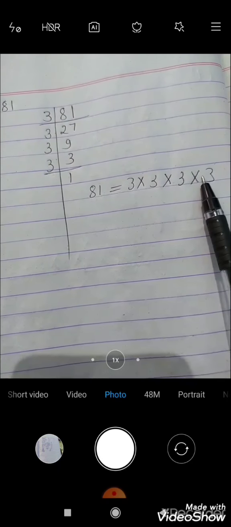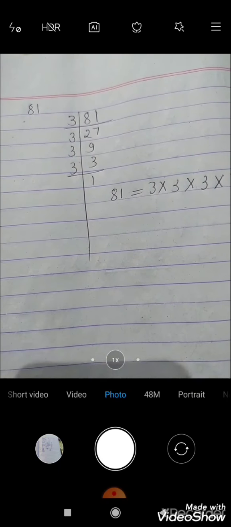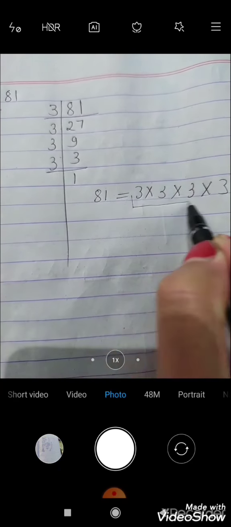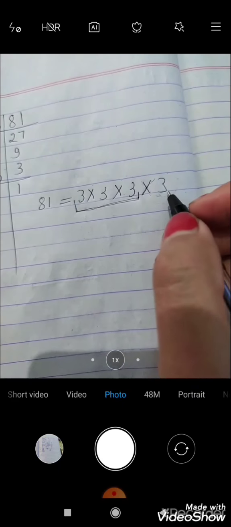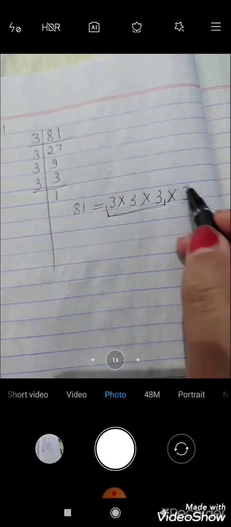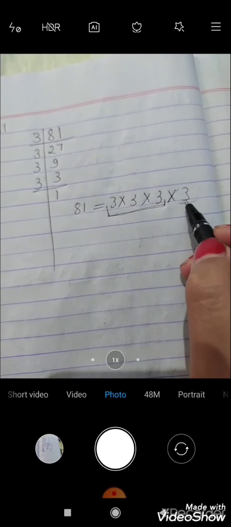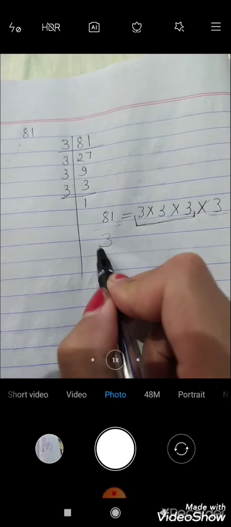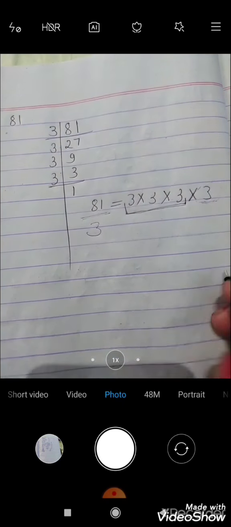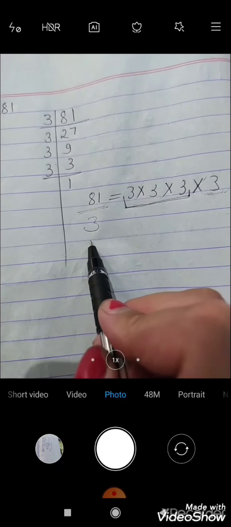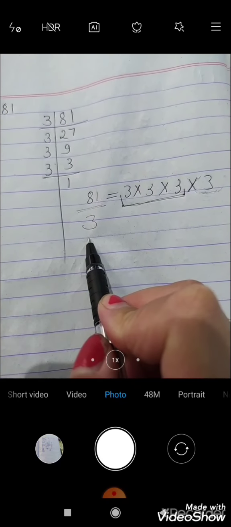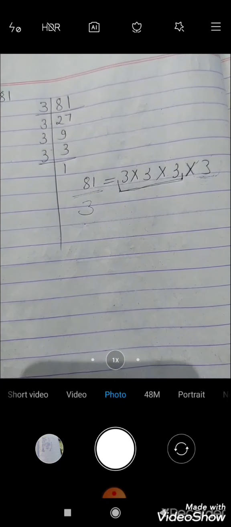Then we make groups out of this arrangement, taking 3 similar numbers at a time, and we have one complete group of 3, and there is one 3 which is unpaired. So we have to remove this number from here. For this we divide our number by 3. So if we divide 81 by 3, we obtain a perfect cube number.